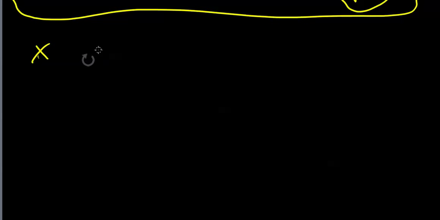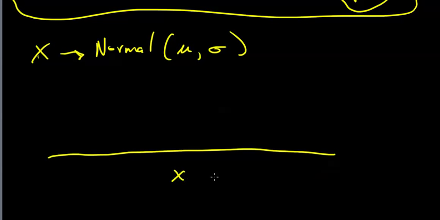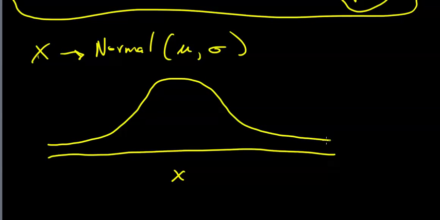If a random variable x has a normal distribution with some unspecified mean and standard deviation, I can show that in a rough freehand graph.